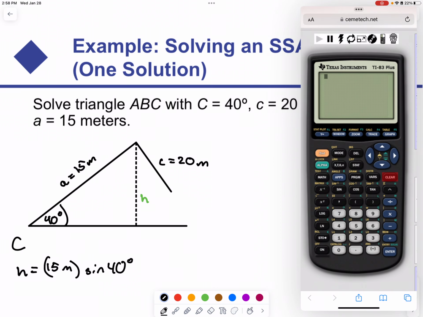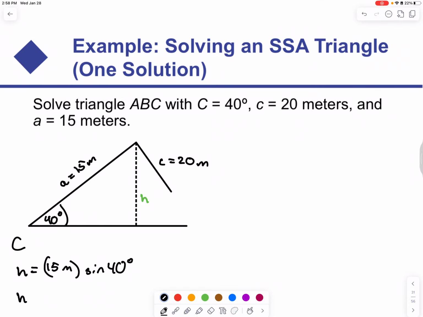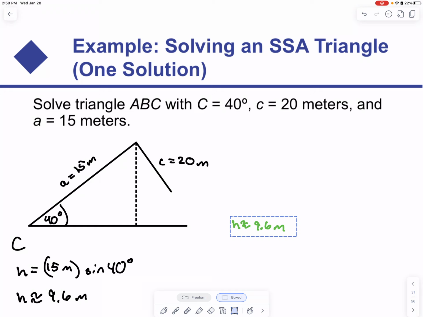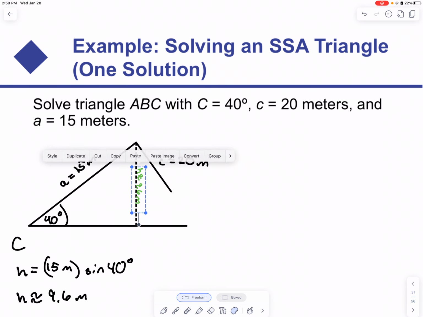So 15 times the sine of 40, we get approximately 9.6 meters. So we got a height of approximately 9.6 meters. Let me clean it up just a little bit.